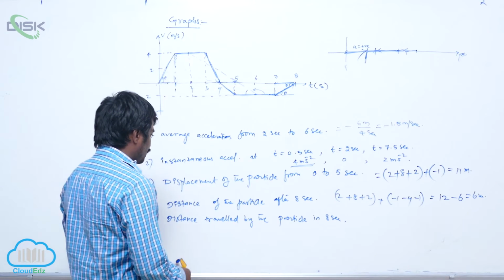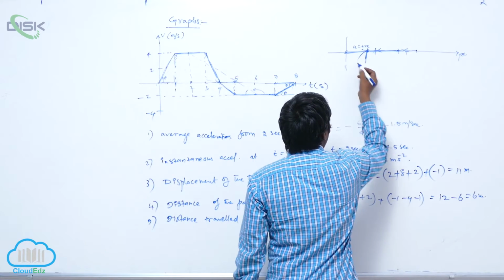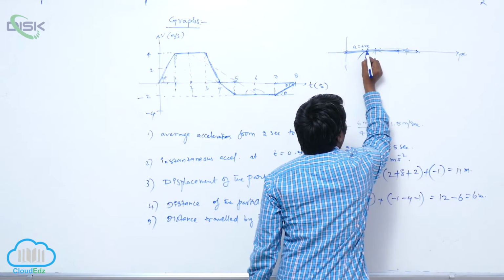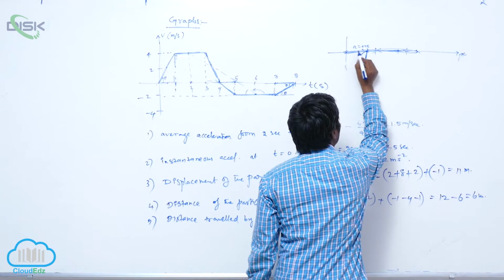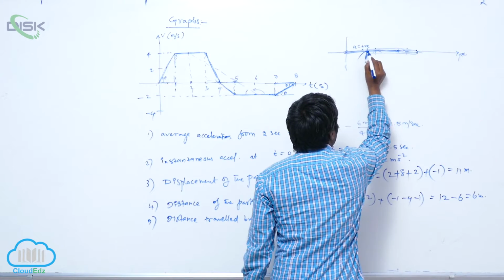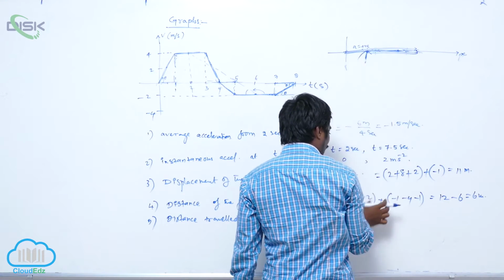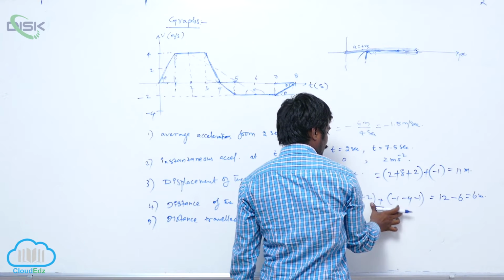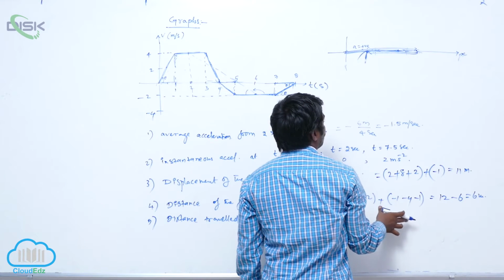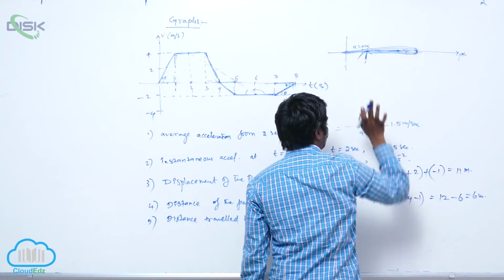Suppose it came to here, what do we have to calculate? This value plus this value. Distance is a scalar quantity, so we have to add these values. But as far as displacement is concerned, this vector is positive and this vector is negative, that's why we added those vectors vectorially. As far as distance is concerned, this is positive, and this is again positive. So this is the total distance traveled.